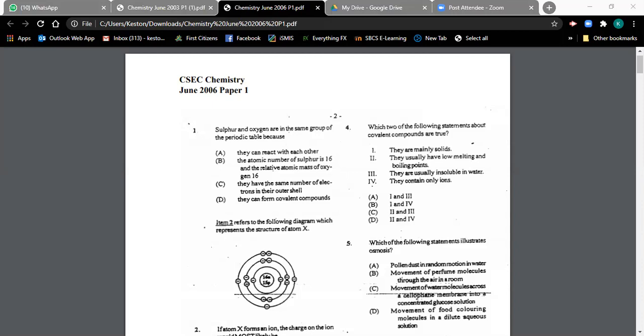Right, movement of water molecules across a cellophane membrane into a concentrated glucose solution. Yep, that's correct, Navin.